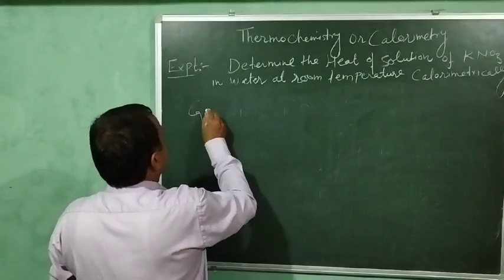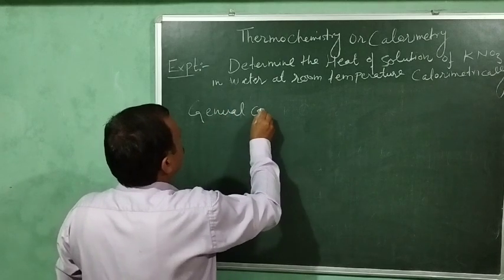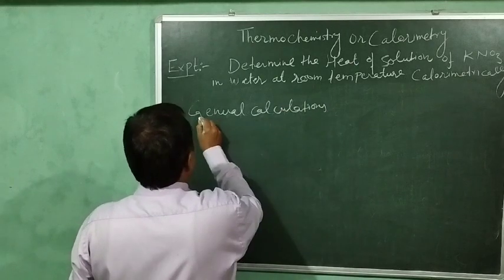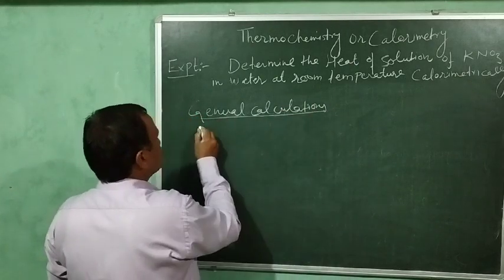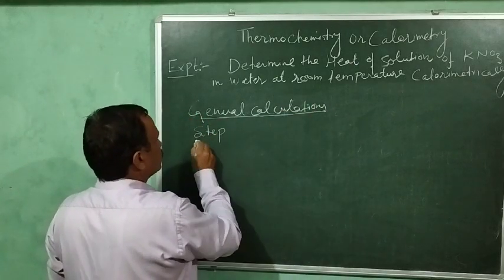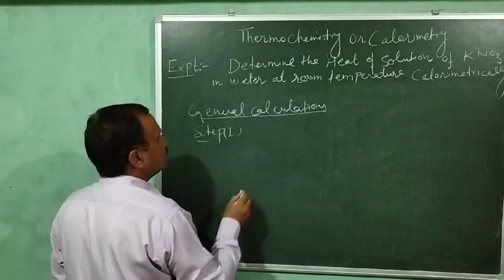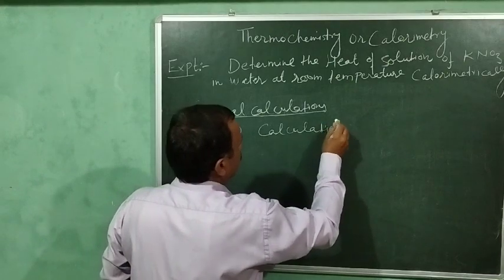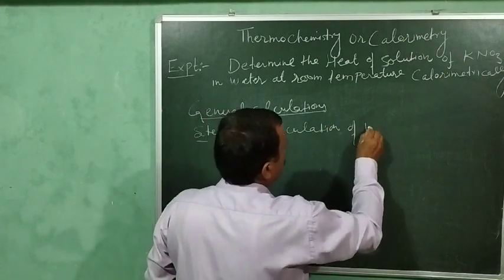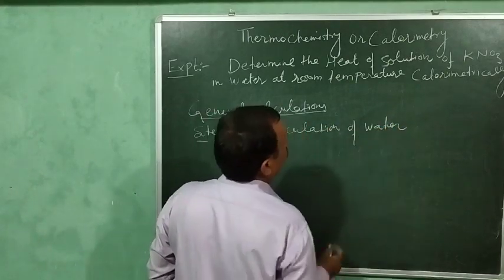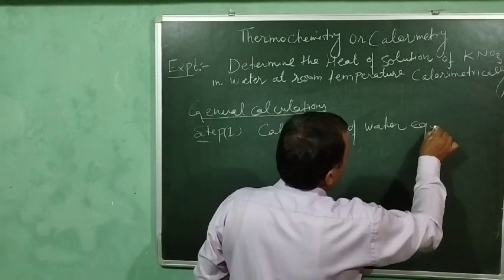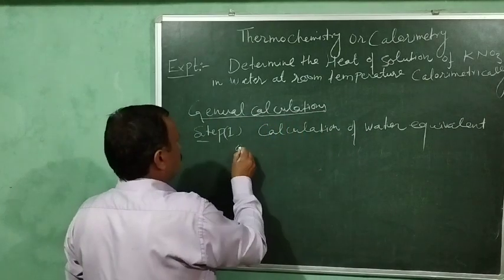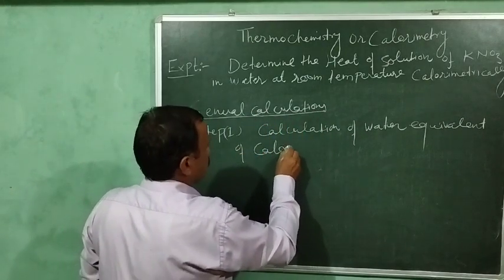So then general calculations, and in step 1 we will have the calculation of water equivalent of calorimeter.